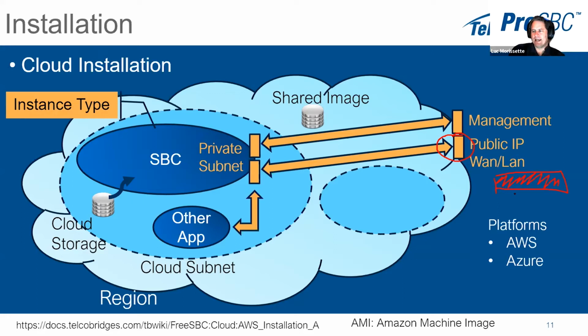So I would say if you really want to do transcoding, the cloud-based solution is not the best one, because you would need to add an interface to control the system and another interface to pass the RTP traffic. This will generate a lot of traffic through the public network, and it's like, oof. I think for now we should not do this.